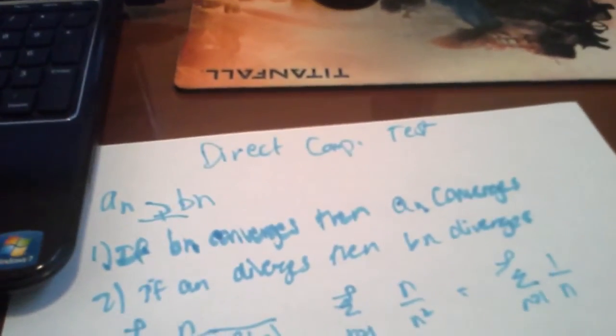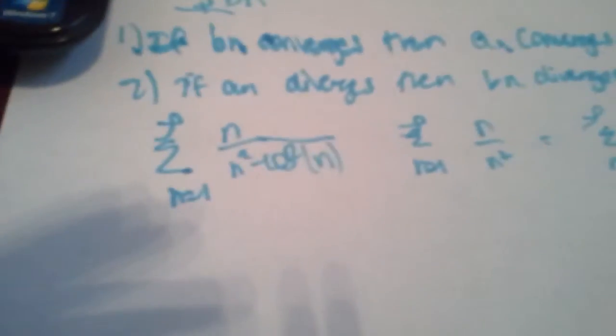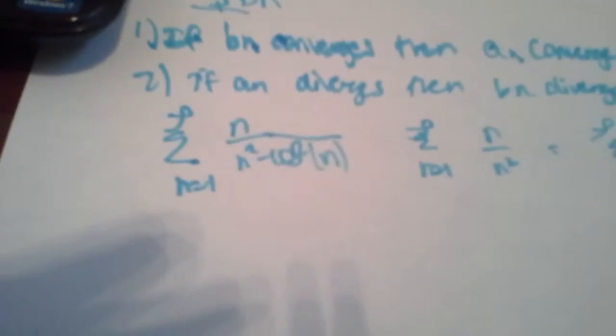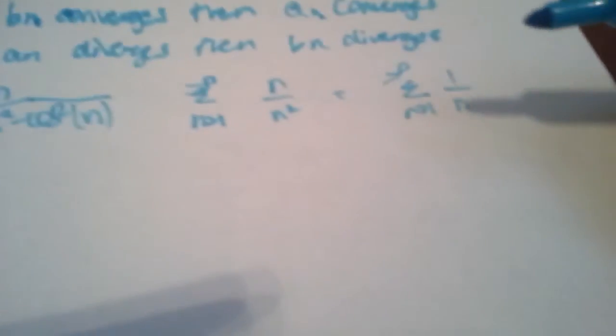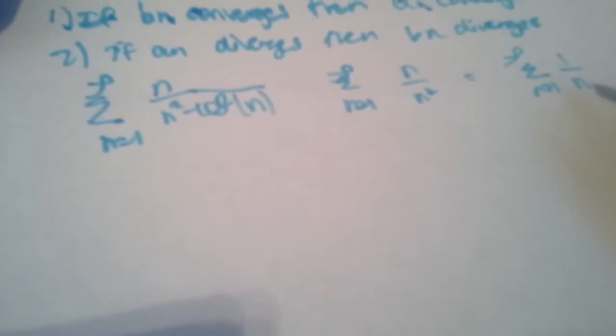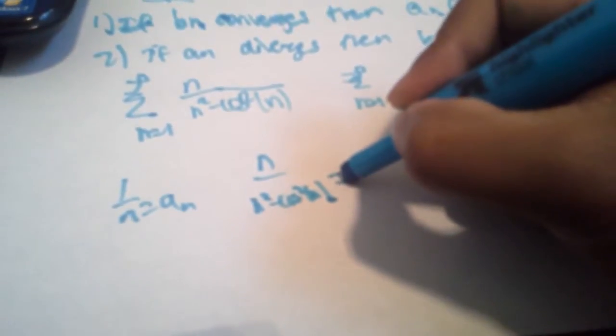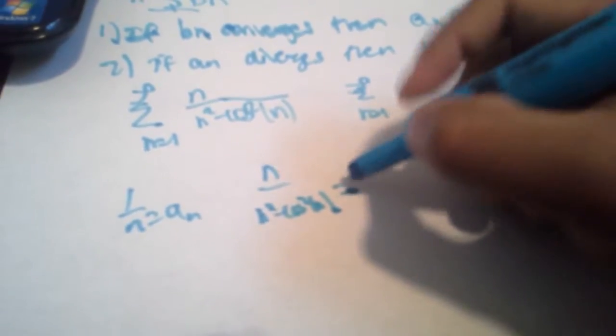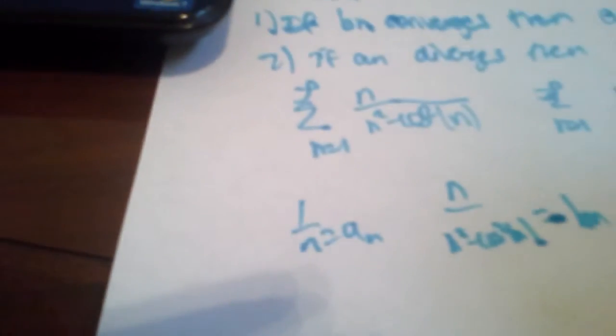Okay, so in this scenario we have found the function that we're going to compare to, which is 1 over n. We'll say that 1 over n equals a of n, and n over n squared minus cosine squared n equals b of n, since this would be larger at most values of n.